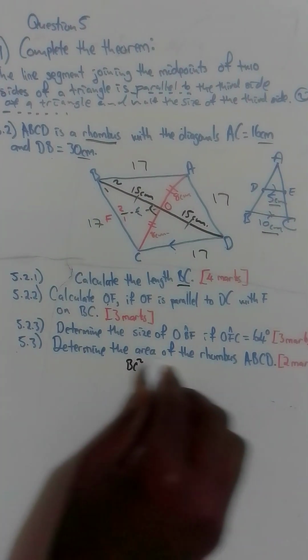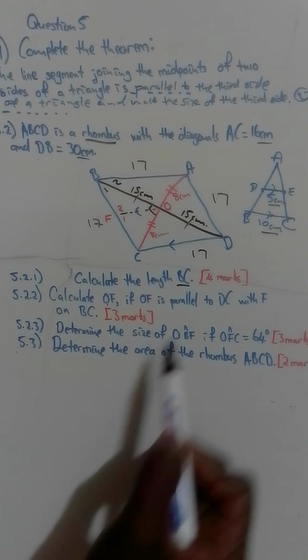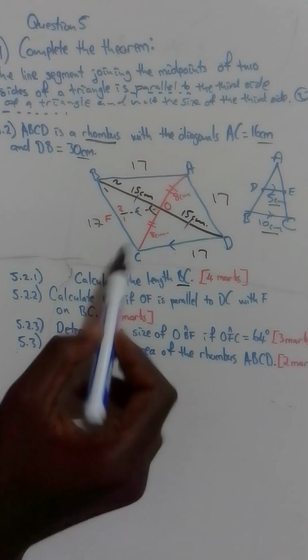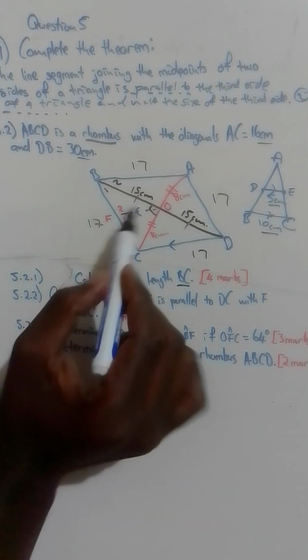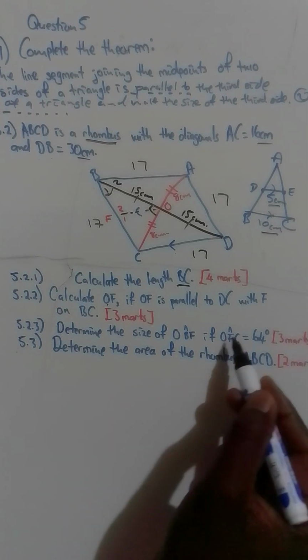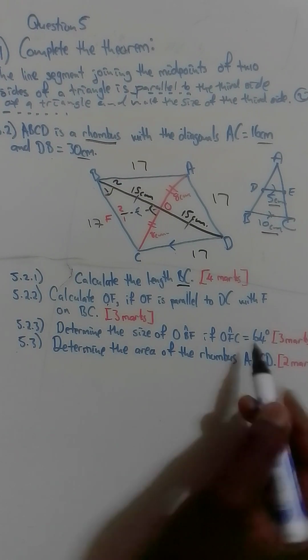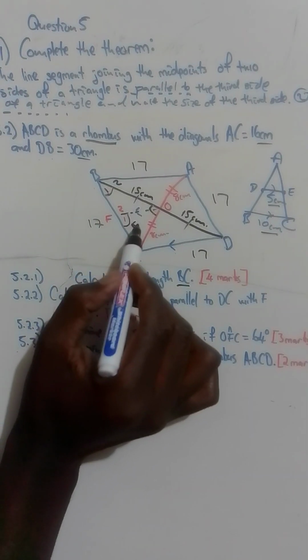And then it will make sense and you'll see how easy this is. So they say that I must determine angle OBF, this is the angle that they want, and I'm told that angle OFC is equal to 64 degrees.